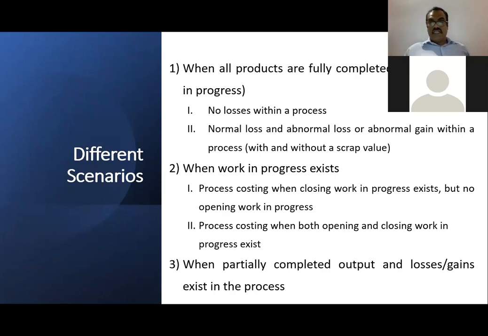Your normal loss rate is 10%. You incur 10 million. Or say, just for simplicity, I'll change the number, 90 million. 100 units are put into the process. Then you get 90 out. Then 90 million total cost. Just imagine a big electronic equipment, and 90 million is the total cost.